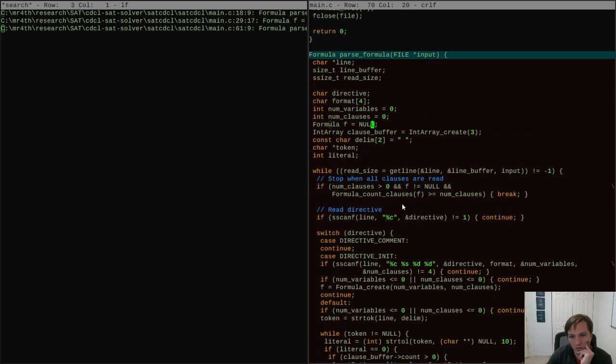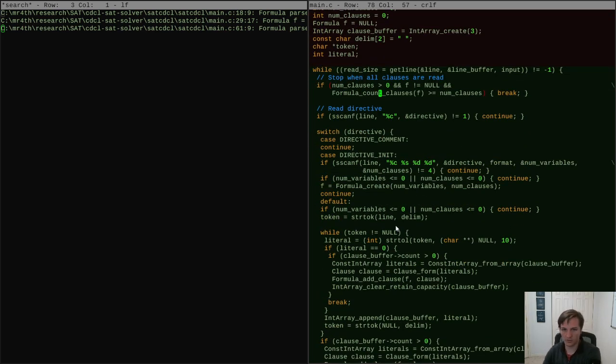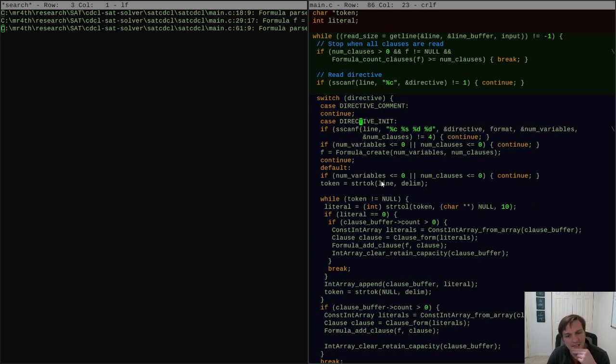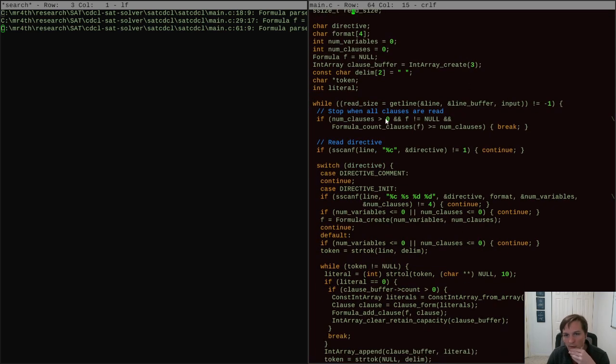So F probably builds a data structure for a formula out of the incoming text. And you can see here it's scanning. Oh, ssize_t is signed size_t. That makes perfect sense. They probably have a read size that can be negative for an error case or something.